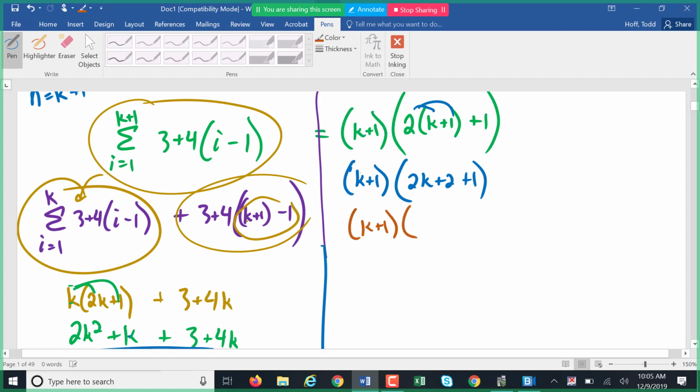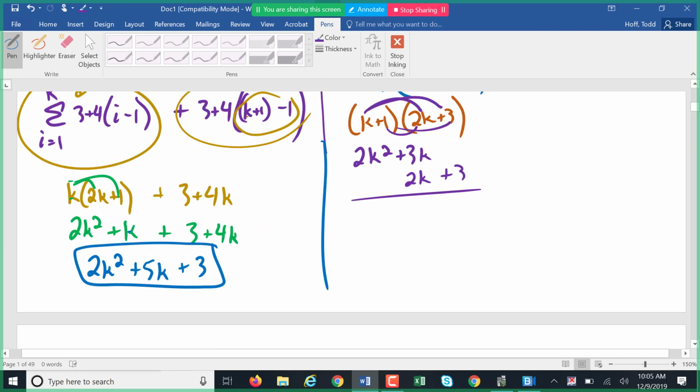So this is k plus 1 times 2k plus 3. And now I'm just going to FOIL. k times 2k is 2k squared. k times 3 is 3k. 1 times 2k is 2k. And 1 times 3 is 3.